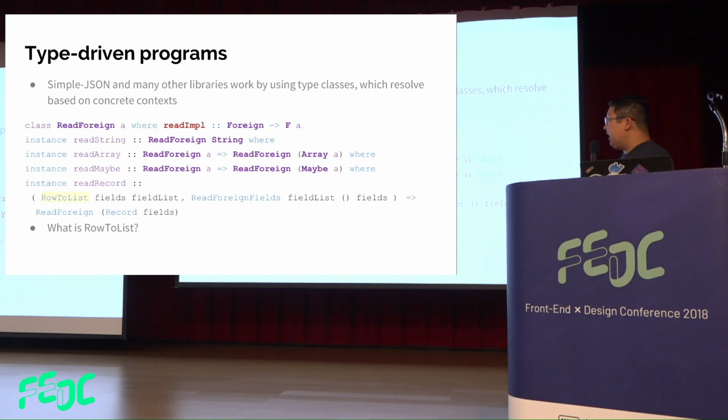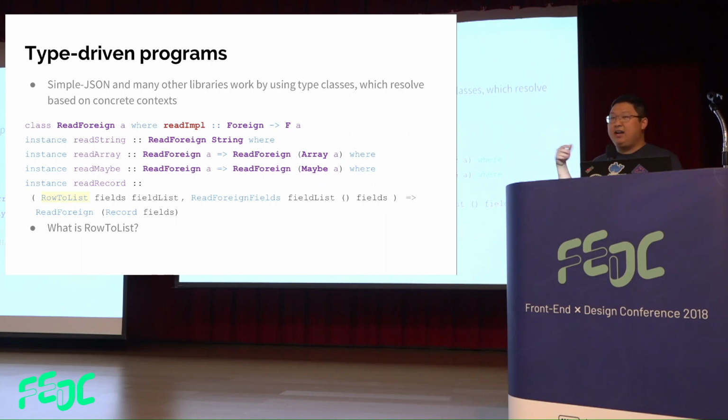So for String, I would say ReadForeign String where, and then my readImpl would just check that the foreign value is actually a string, and if it is, then return it. And I have the same thing for Array, but in the case of Array, it's parameterized, right?